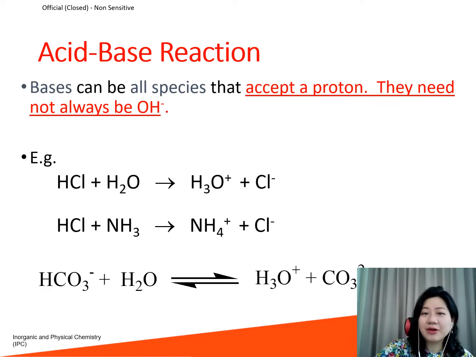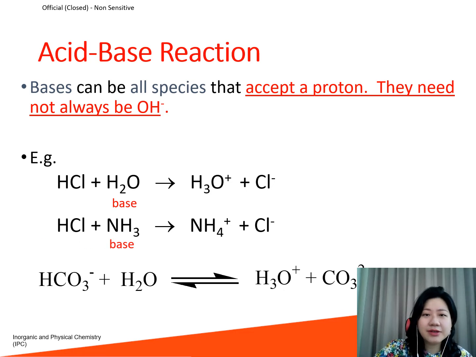According to the Bronsted-Lowry theory, bases can be all species that accept a proton. They do not necessarily have to release OH- ions. Let's look at some examples. In the reaction between HCl and H2O, H2O acts as a base because it accepts a proton from HCl to form H3O+.